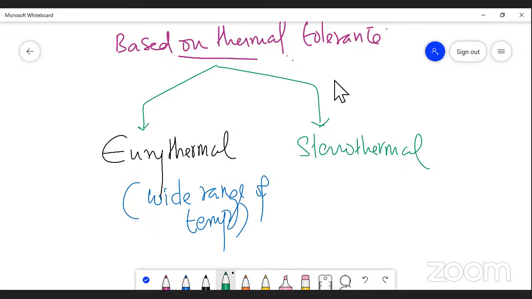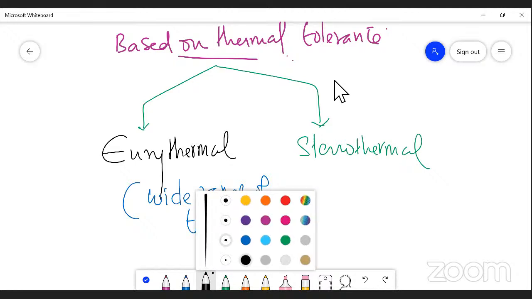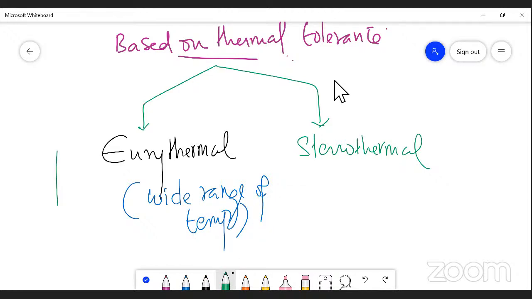I repeat once again, if you take a plant, generally now this is a plant, right? Now this plant can tolerate a wide range of temperature. Even exposure to higher temperature in the atmosphere, the plant can tolerate.